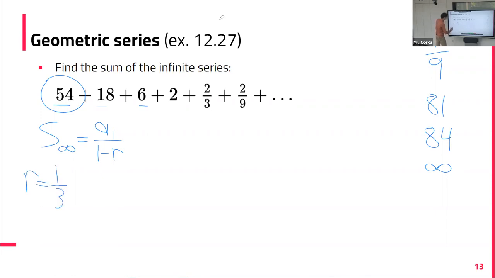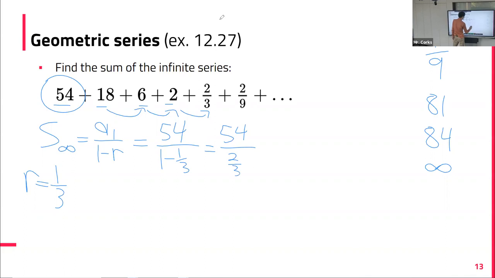1 over 3. Okay, so 18 to 6, divide by 3. 6 to 2, divide by 3. 2 to 2 over 3, divide by 3. So 1 over 3 looks like it works for our r value. So 54 over 1 minus 1 over 3. 54 over 2 over 3.